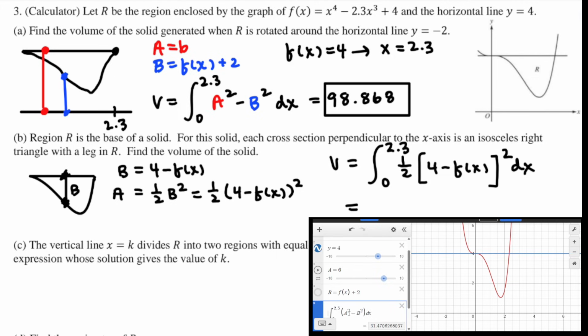Won't need the pi. Can put a 1/2 on the outside. 4 minus f of x squared. All right, and that's going to be 3.574.